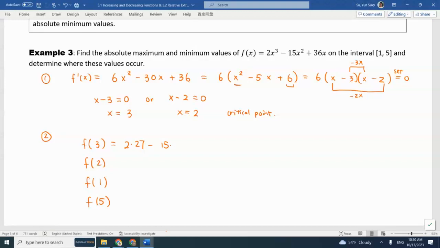What's 3 squared? 9. Plus 36 times 3. Okay. What is this? Do you have a calculator? What's this? Okay, Will, you're going to do f of 2. Dylan, you're going to do f of 1. Paige, you're going to do f of 5.